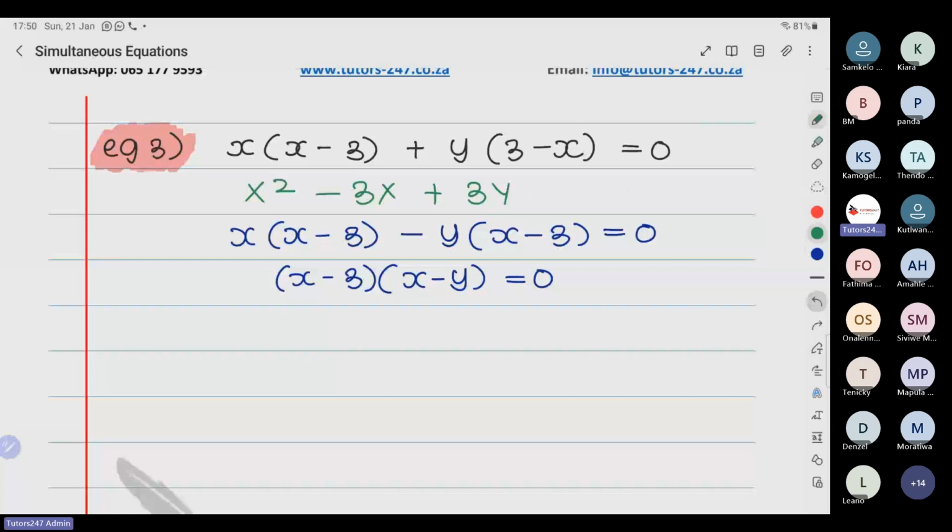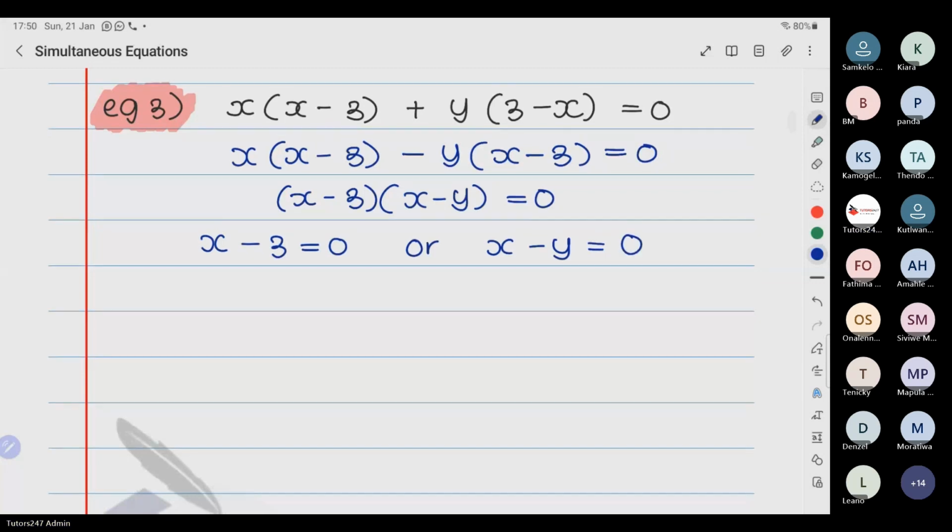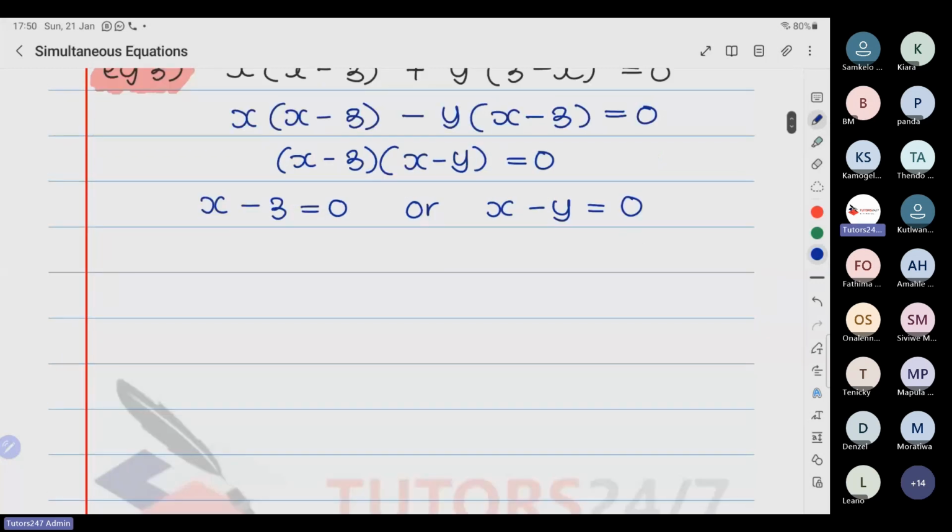Now we have the product of two terms that is equal to 0. All we are going to do from this point is separate the equations. So we have x minus 3 is equal to 0, or x minus y is equal to 0. From here, we can solve for x.